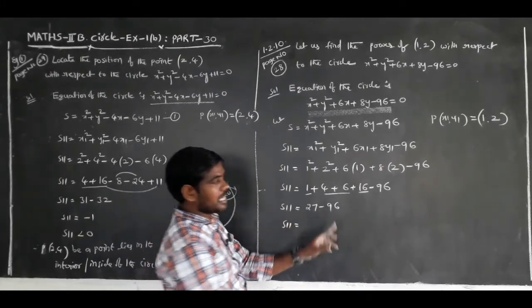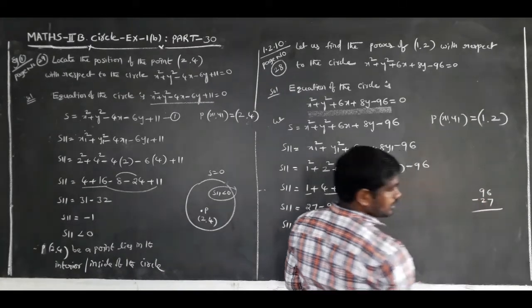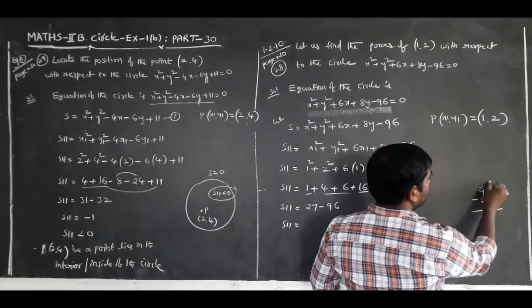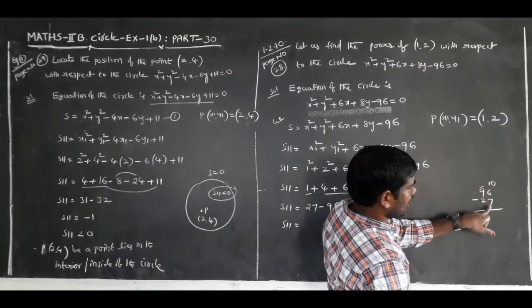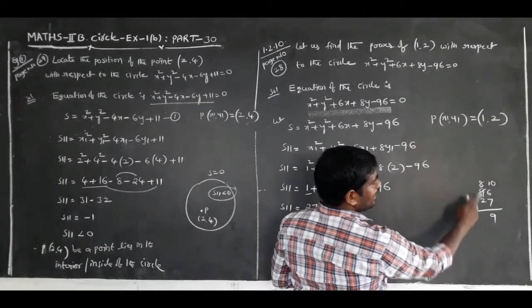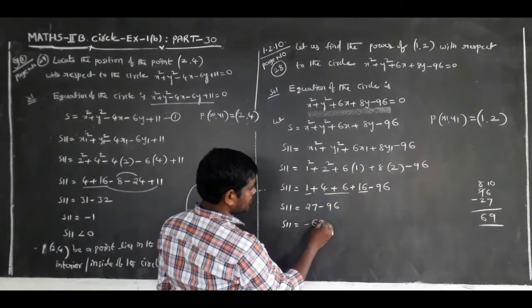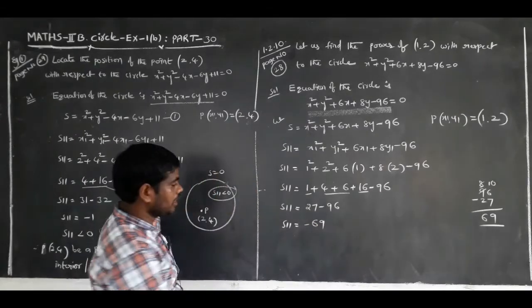27 minus 96: 96 minus 27 is 69, so the result is minus 69.